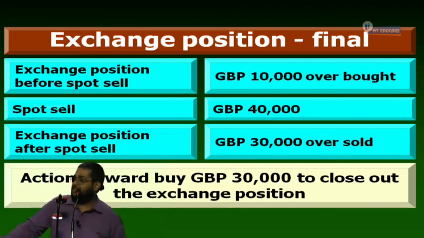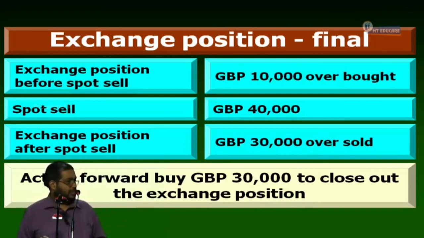Forward buy GBP 30,000 to close out the exchange position, or to square off the exchange position. Both are the same. Can I proceed?